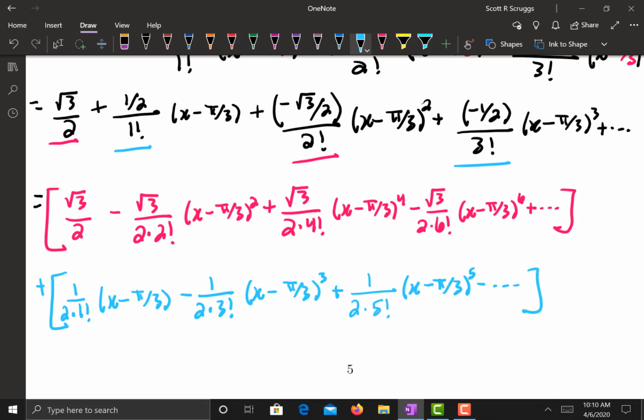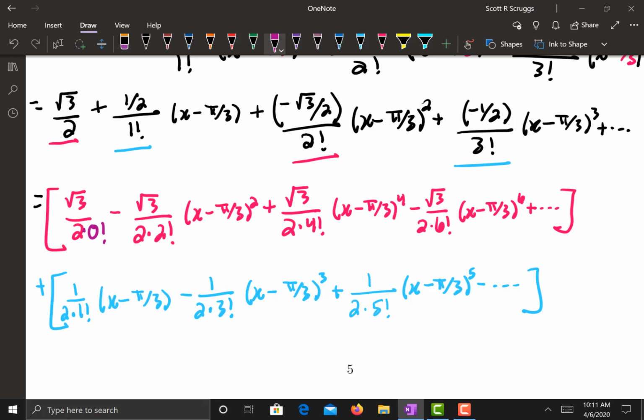Now, with this rearrangement, I now see a pattern that's going on. In the one in pink, the factorials that are occurring, where, remember, 0 factorial was 1, I see that I have 3 halves, an even base in my factorial, and an even power in the x minus pi over 3 portion.